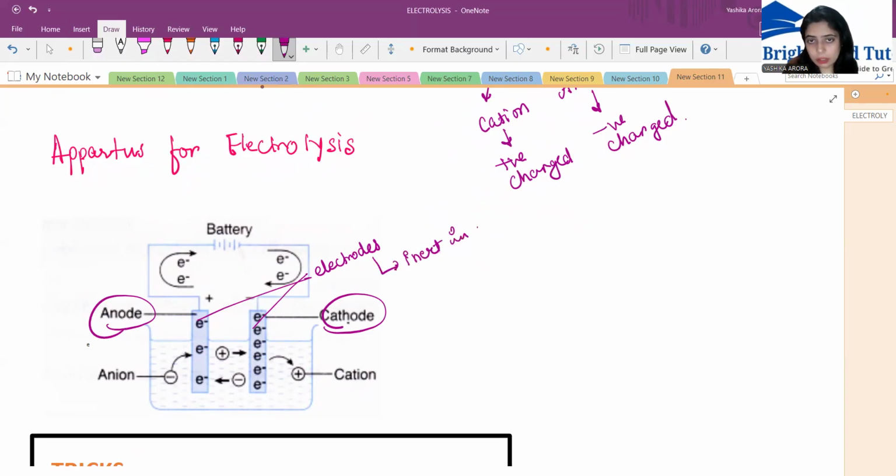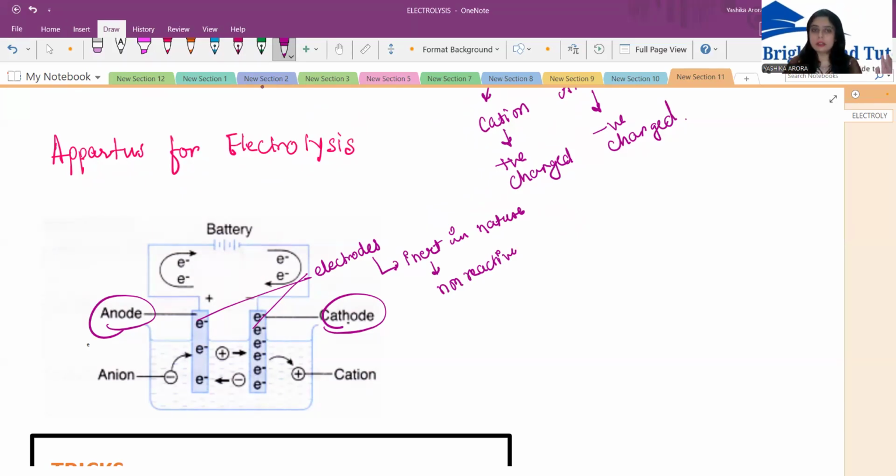The electrodes we're going to be taking in this electrolysis are inert in nature. What do you mean by the word inert? Any guesses? Inert means non-reactive, they won't be participating in the reaction. Whatever reaction is going on in the beaker, the electrodes won't participate in it. They are just for the conduction of charge.